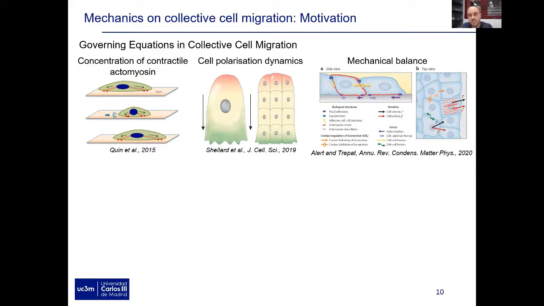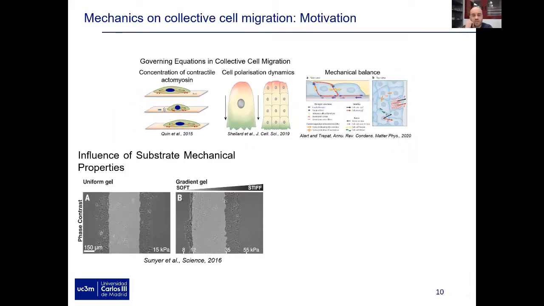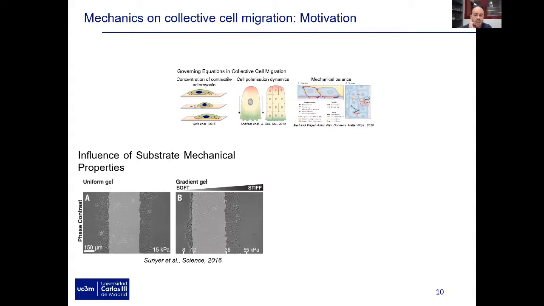So keeping this in mind, we wanted to focus here on a very specific problem. We took it from Trepat's group, in this paper of Sanjay et al. in Science. Here, this is experimental data on some epithelial monolayers, okay? So given bands of cells connected to each other that we can put on top of different substrates.